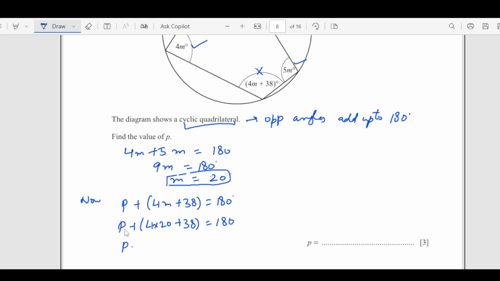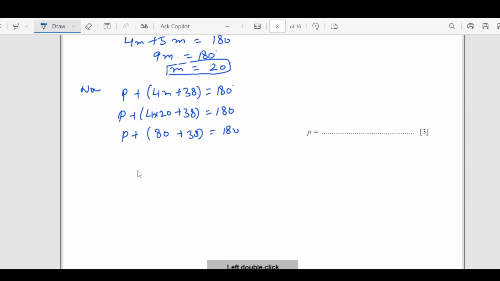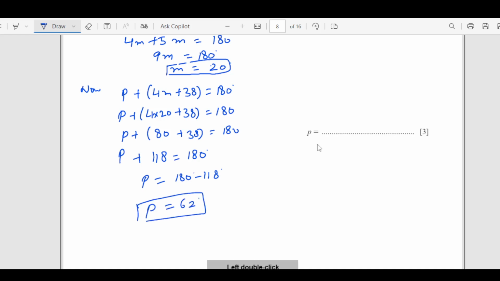So this is going to be P plus 80 plus 38 equals 180. Then we are going to add this one, P plus 118 equals 180. So P is 180 minus 118, which is 62 degrees. So the value of P is 62, right?